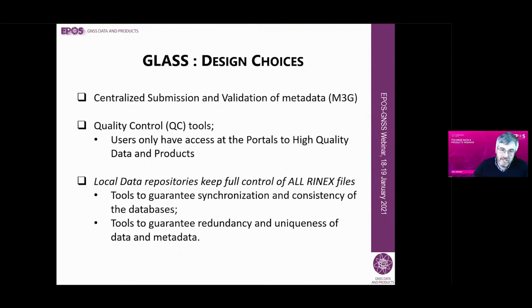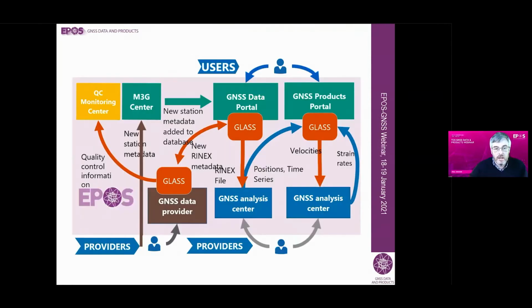So you've probably seen this diagram before, which gives you an idea of the flow within the system. Data providers have to validate their station metadata in M3G. This is then entered at the GNSS data portal, which is running a Glass node, and also at the products portal, which is also running a Glass node.